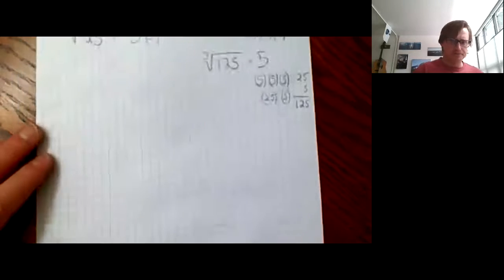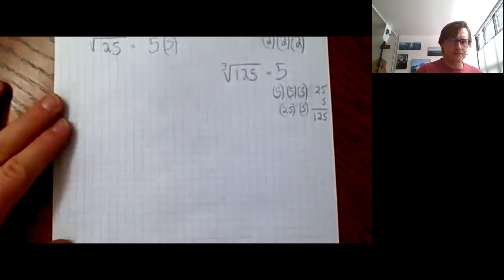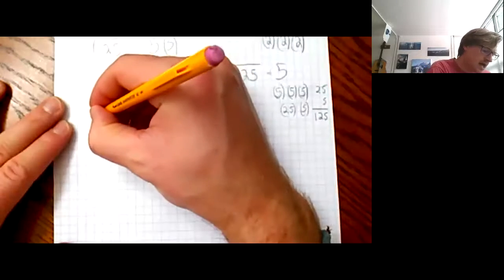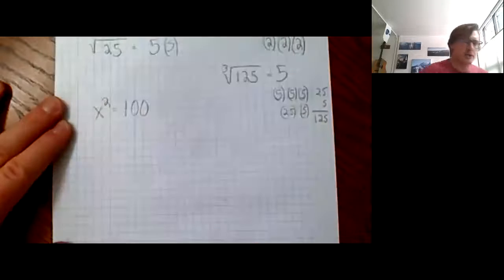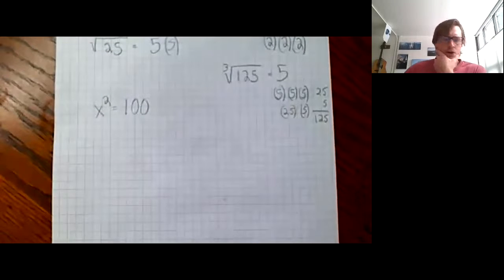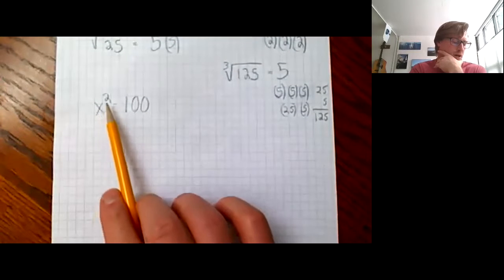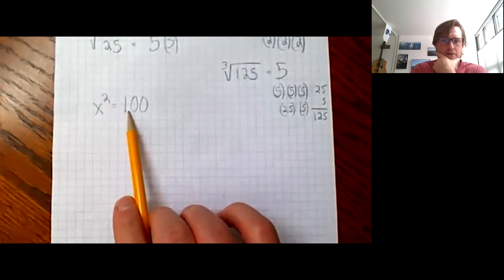Now we're going to move on to some solving for x. Let's start with square roots here. I'm going to say x squared equals 100. So now we're trying to guess the number for the variable here. What number raised to the second is equal to 100?